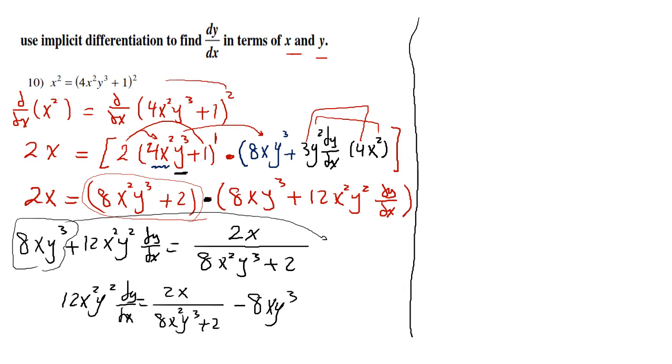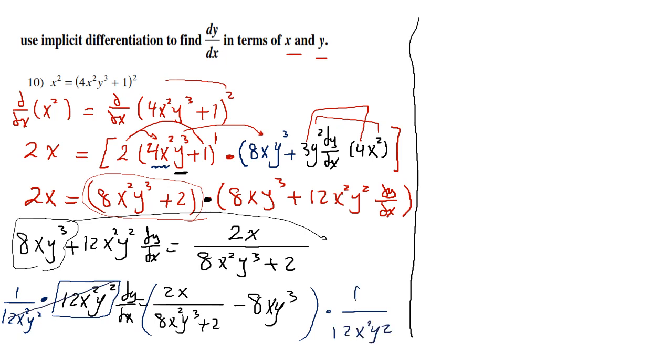And then here 12x squared. So I will multiply the left hand side by 12 over x squared y squared, and multiply the right hand side by 1 over 12x squared y squared. So this is going to be cancelled.